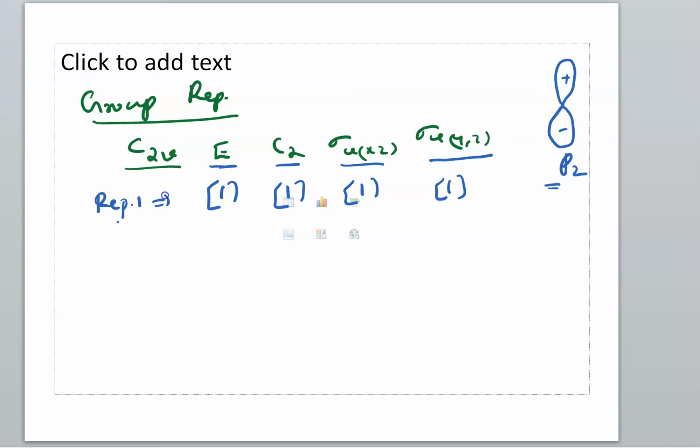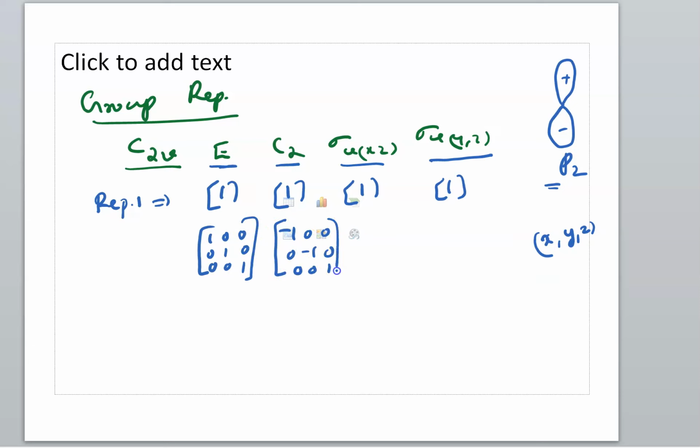Representation 1. Many more representations are possible depending on the basis we take. For example, if you take the XYZ coordinates as the basis, then we get three-dimensional matrices. For E, we get the matrix 1 0 0, 0 1 0, 0 0 1, and for C2 we get minus 1 0 0, 0 minus 1 0, 0 0 1.